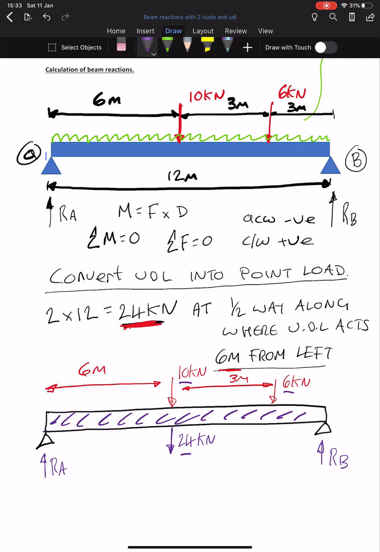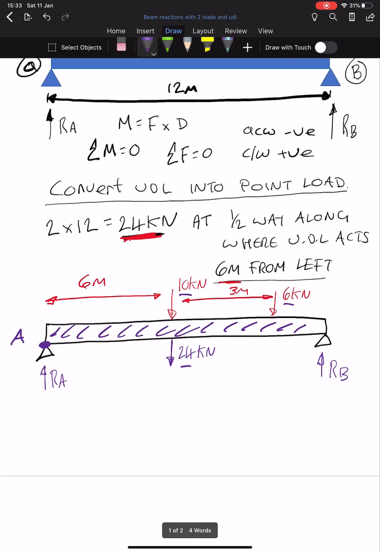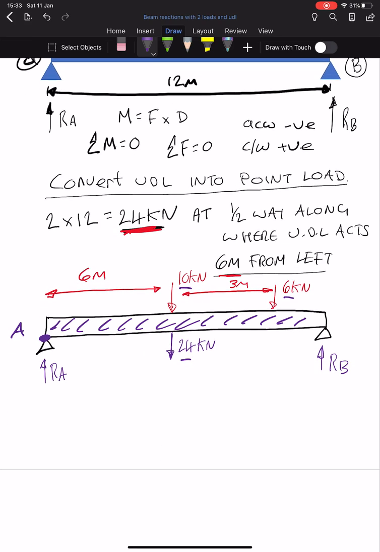So I'm going to call point A my pivot point. So that's my first thing I'm going to be doing. I'm going to take moments about point A. That's my pivot point, and I'm going to be taking moments about that point.